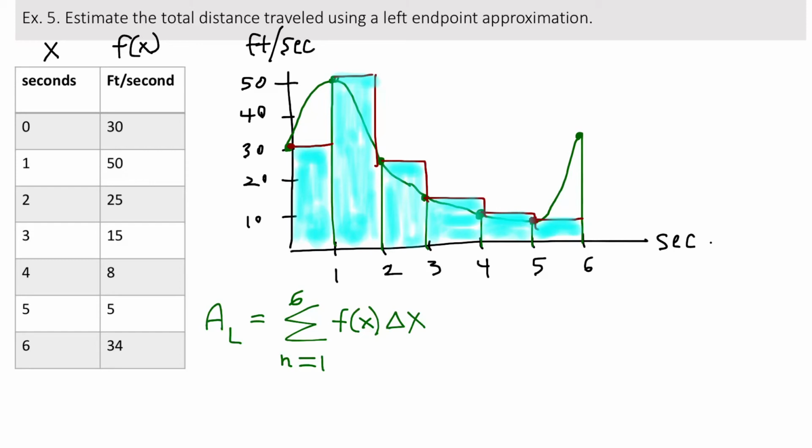All right, I know that my delta x is going to be 1, so I can take that constant outside of my sigma using my properties. So what I'm going to do is find the sum of all of those f of x values at the leftmost endpoint of each subinterval, add those up, and then multiply it by delta x, which is just 1. And that'll be my area approximation.